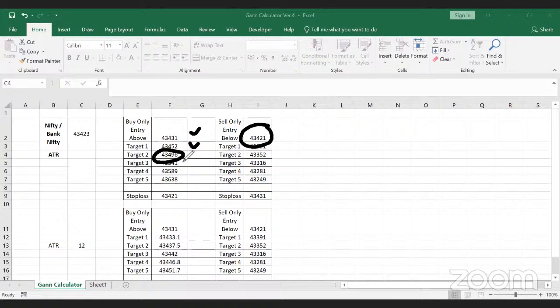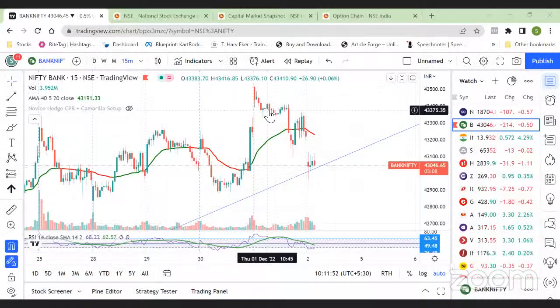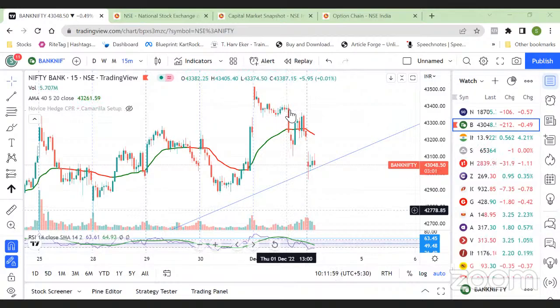Or else you need to put a trailing stop loss here. So if you see here, on the upside, how far was it able to go? It went up to 43,415. 415 was the high it was able to make.